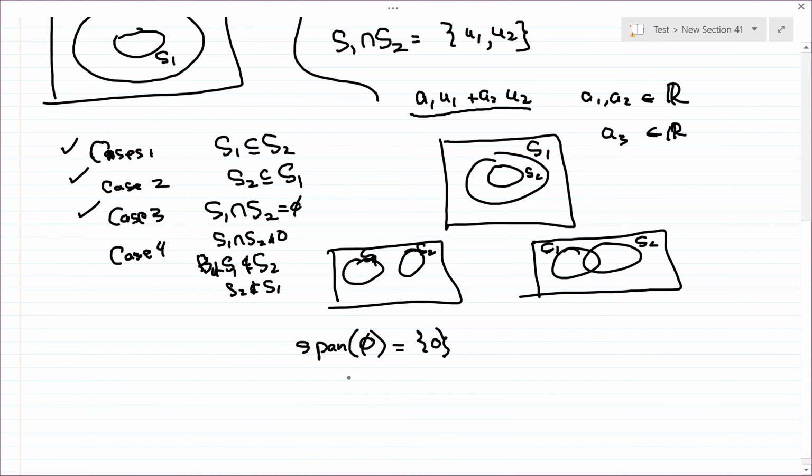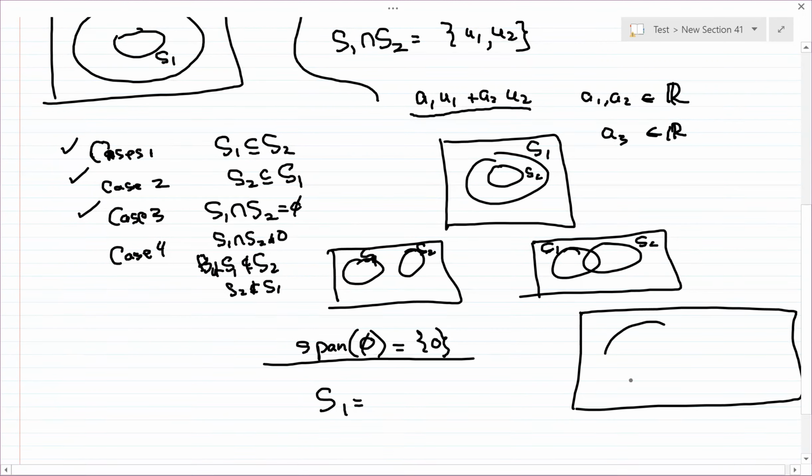So maybe S1, just to get an idea. Let me make this picture and give you the idea. Here's S1, here's S2. Suppose this is U1, that's in both. U2 is in this guy, and U3 is in this guy.